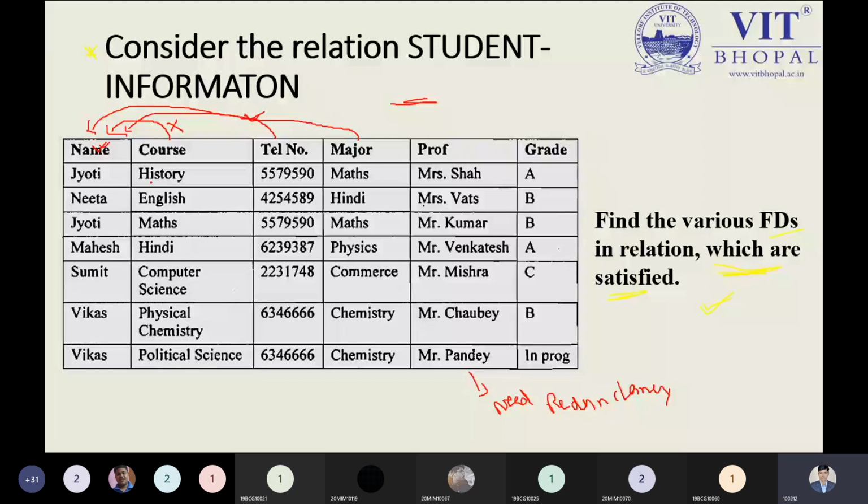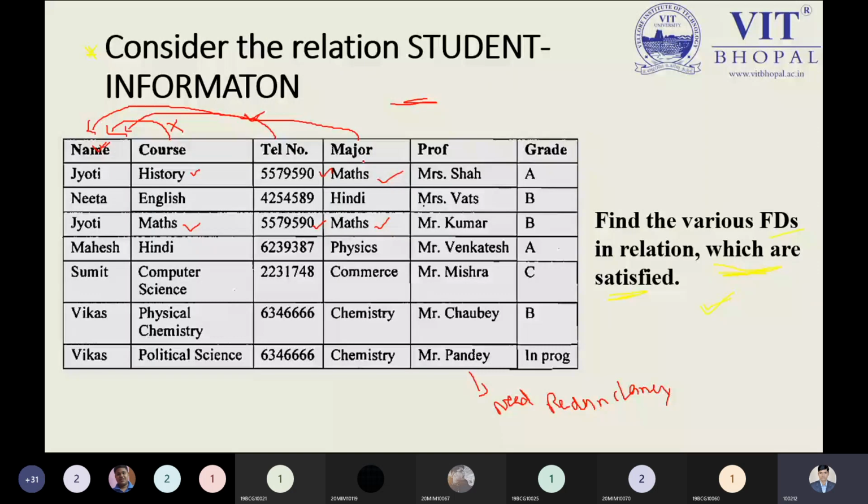Jyoti also selected math over here, but she also belongs to the same contact number, we can see. But here she also opted for history and math as well. This is the course. Inside the course, what she is studying, that is the major. So here we can say the course cannot depend on the name. This is a true fact, but telephone number can depend on the name. Of course, we can see, and the major is the subject that can also depend on the name as well.